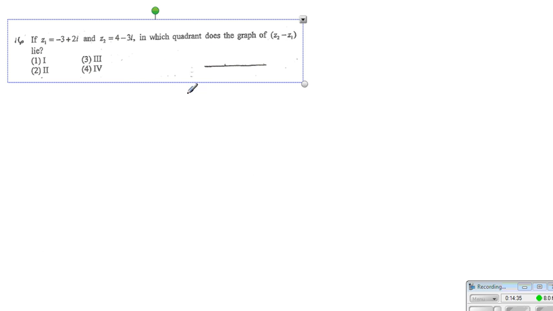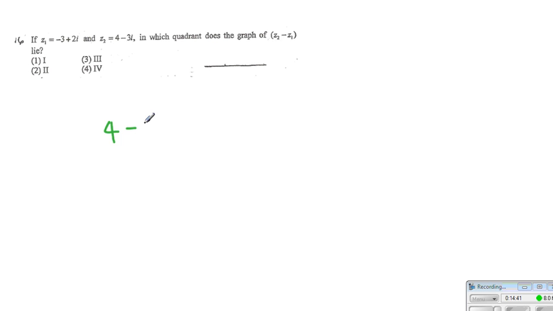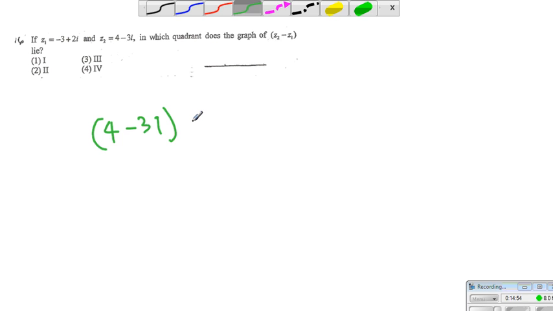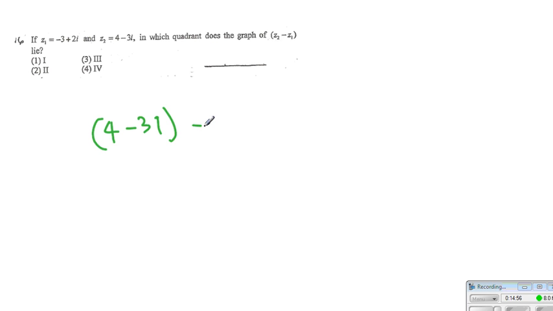Now number 16. Z1 and Z2 are given in this way. What is Z2 minus Z1? Z2 is 4 minus 3i. And then the other one will be minus Z1.